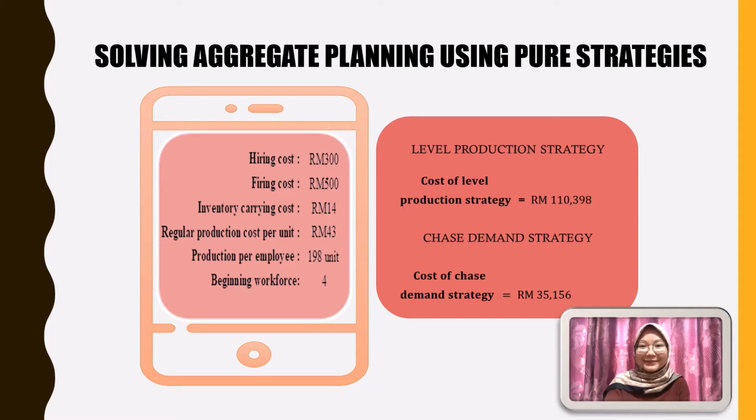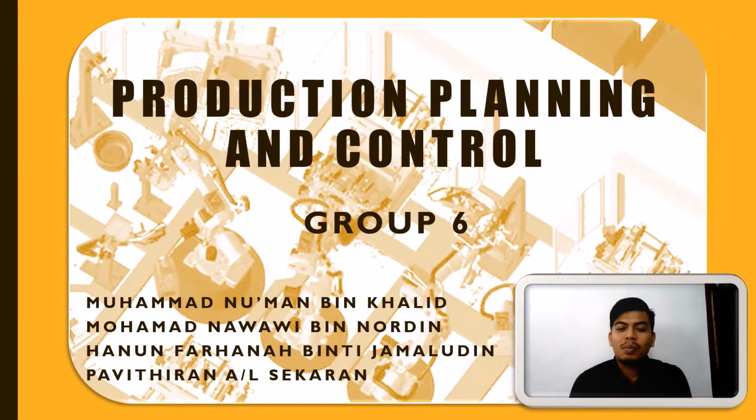Thank you. My name is Muhammad Nawawi bin Nordin. My matric number is 17004, and today I will present about the production planning and control from Group 6. My topic is MRP. MRP is well known as material requirement planning.